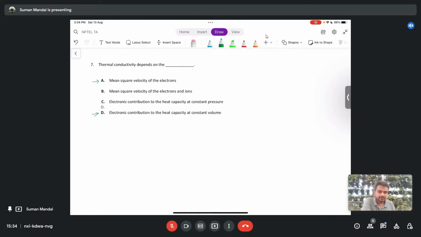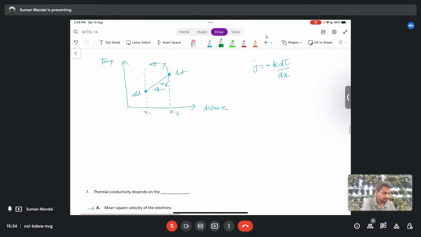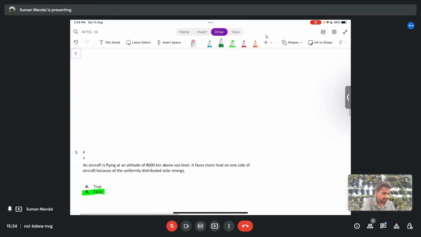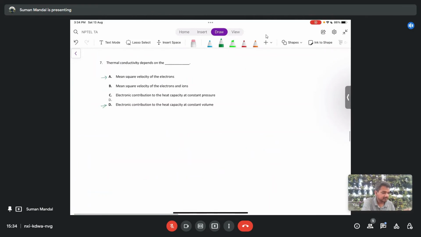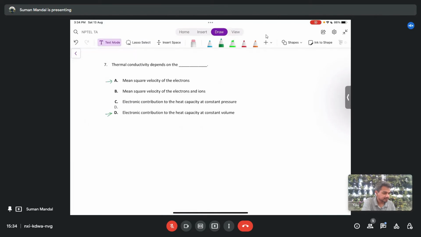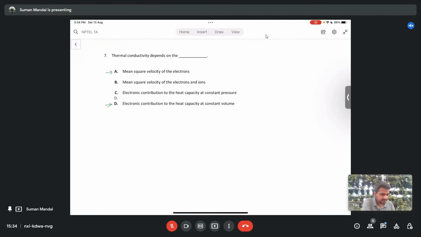So we saw Fourier's law of heat conduction, right? We have J is equal to minus K into dT by dx.